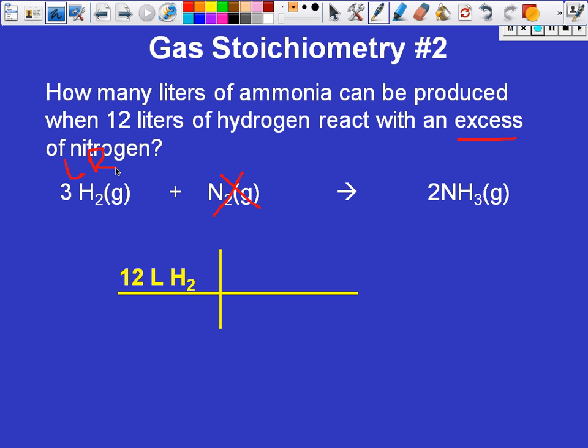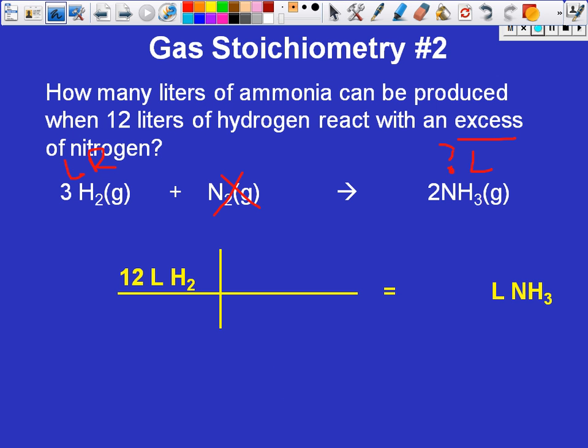So they're wanting to know how many liters of this stuff can we make? I know what you're thinking. How can you go liters to liters? What is that all about? Remember, gases have a liter-to-liter ratio just like the mole-to-mole ratio. So we're going to start with 12 liters of hydrogen gas, treat it just like a mole-to-mole.